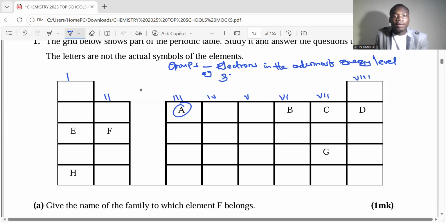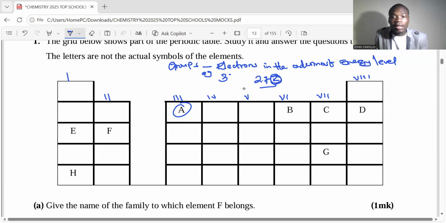But if an element is given by the electron configuration 2, 7, 2, and we want to identify the group to which this element belongs, we look at the electrons in the outermost energy level: group 2.